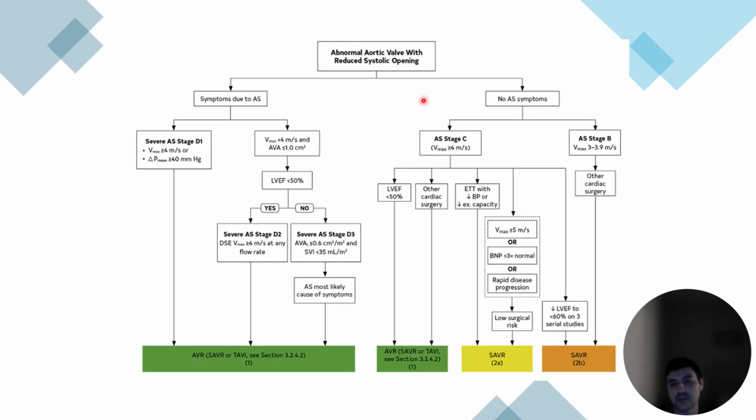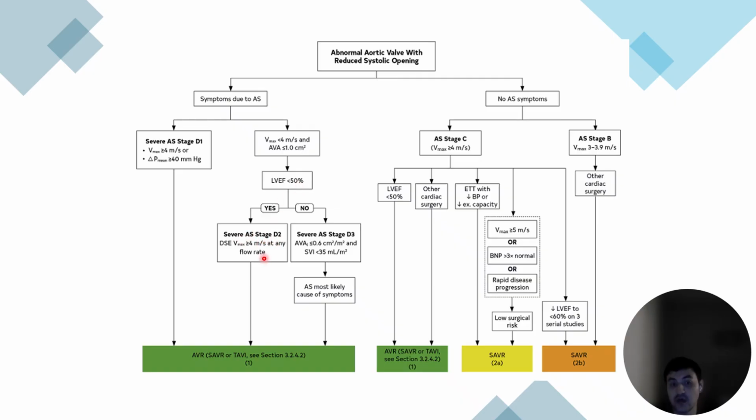So this is the recommendation again: abnormal aortic valve with reduced systolic opening, symptoms due to aortic stenosis, that we call stage C, is a severe aortic stenosis. D1 is recommended for surgery. If you have a velocity less than 4 and aortic valve area less than 1, and a left ventricular ejection fraction less than 50%, that is a severe aortic stenosis.